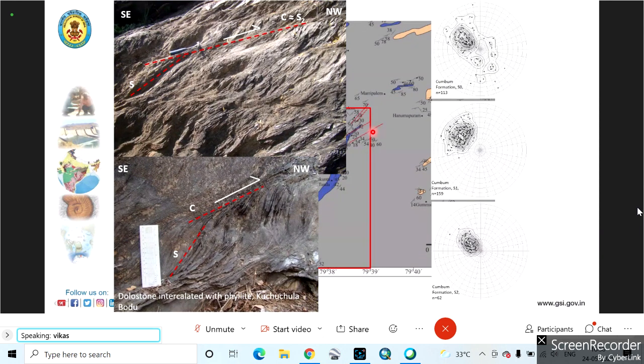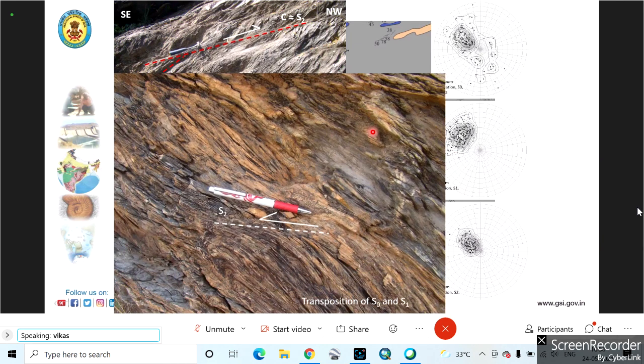Okay, these shear bands are also very important to identify because they overall indicate the thrust planes or the movement planes. Next, please. And once we have an eye overall, similarly you see the transposition of S0 and S1 has happened here.